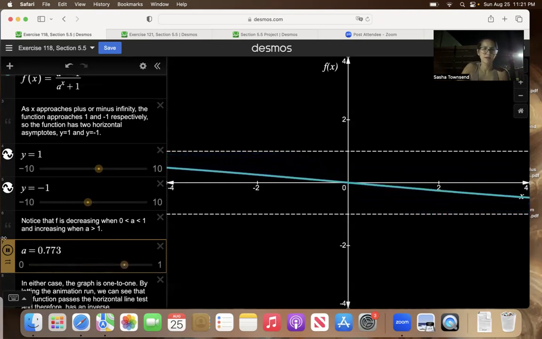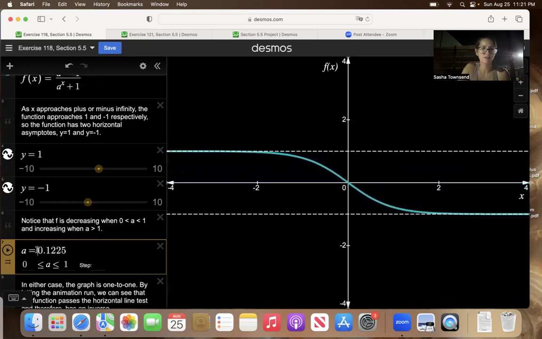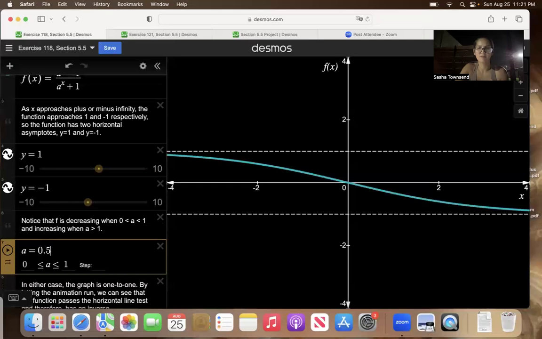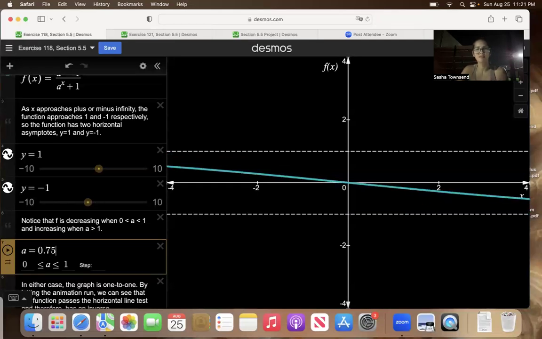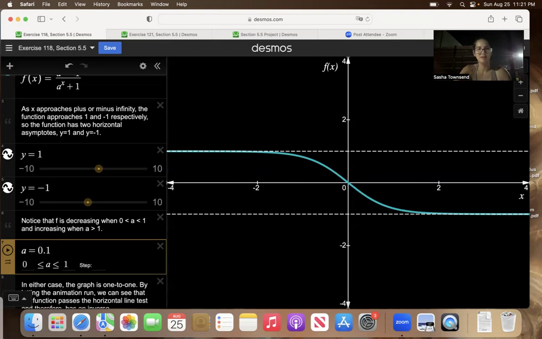So you might have a equals 1/2 or something like that, or a equals 5/4. So let's say a equals 1/2. That's what the graph looks like. If a equals 3/4, it looks like that. If a equals 4/5, it looks like that. If a equals 1/10, it looks like that. Or 1/100th, it looks like that. We see that the function is decreasing if a is between 0 and 1.